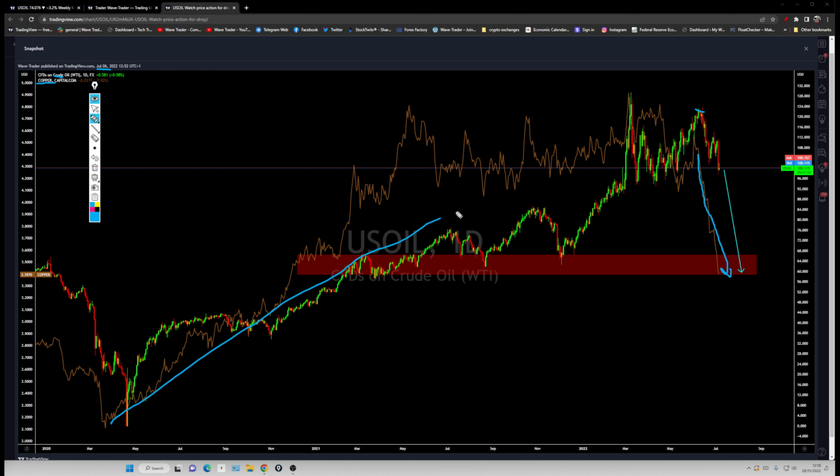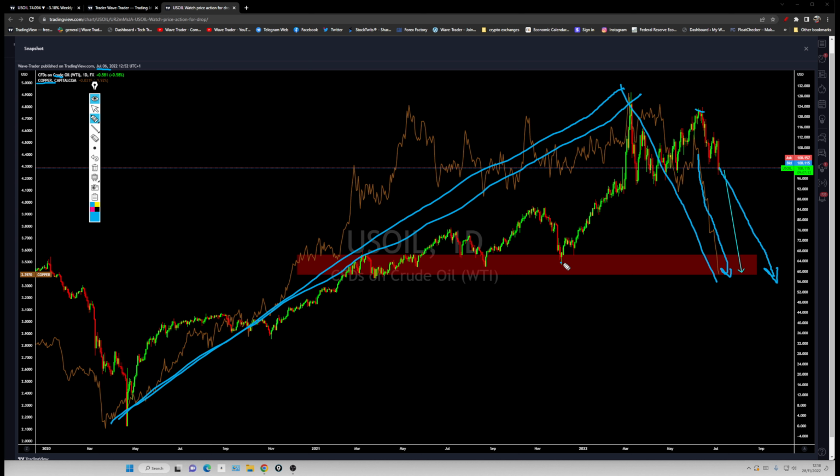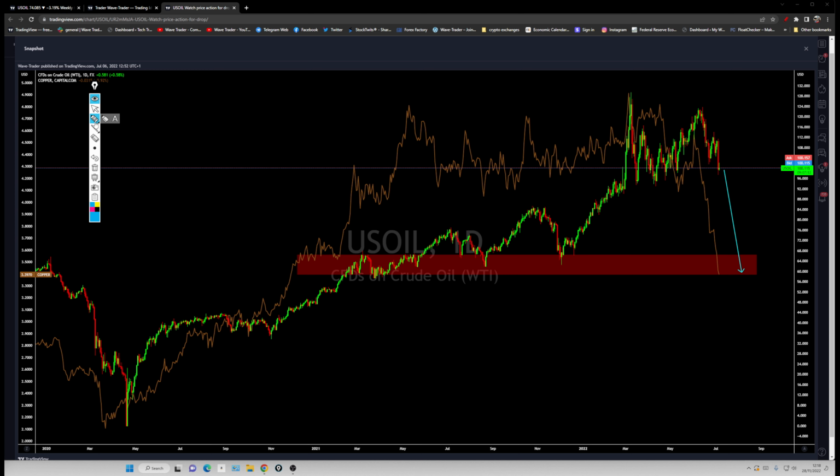Copper has almost traced 61% of this previous bullish cycle, and oil is going in that direction right now, just going after the 60 or 65 areas, or the 61% retracement of this whole bullish trend.